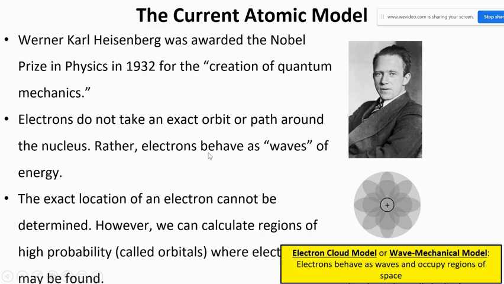Otherwise, that's getting too far into the physics pond, and I don't like the water. So he said that electrons are going to behave like waves, and that we can't know exactly the location of an electron. We can't figure that out, but we can calculate regions where there's a high probability that an electron would be found.